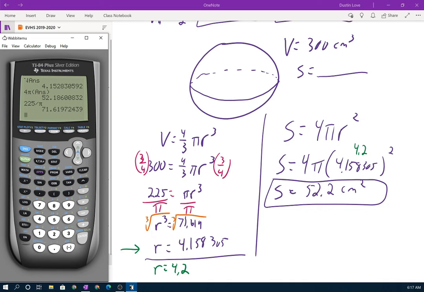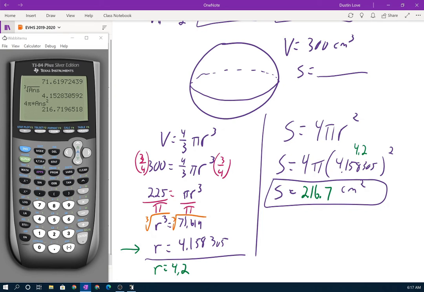Give me 71.2, math 4 of that is 4.15, and then I need 4 pi times second answer squared. Oh man, let's fix that. That's 216.7 centimeters squared. I hope y'all caught that whenever I did that.